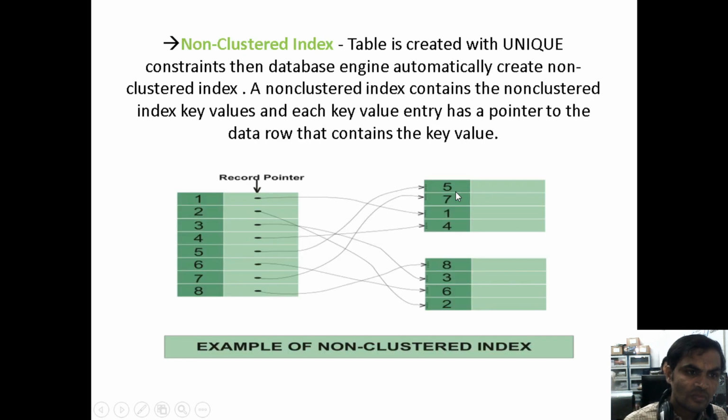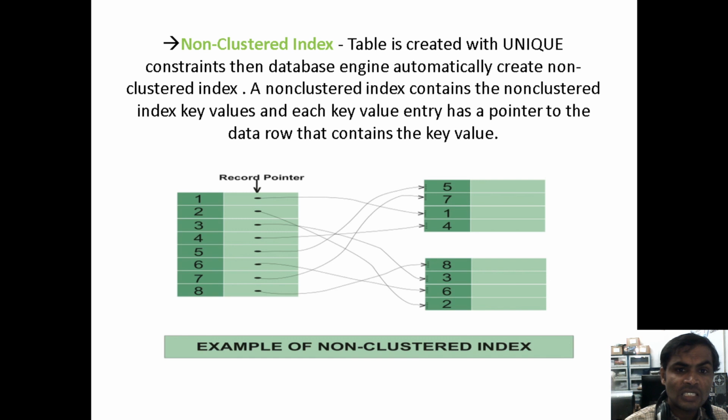Now coming to the non-cluster, which is a unique key constraint. At the time of designing the database table, if you use a primary constraint, we should blindly think of it as the cluster index. Non-cluster index means that at the time of designing the schema or data structure, if you use a unique key, then we call it a non-cluster index.